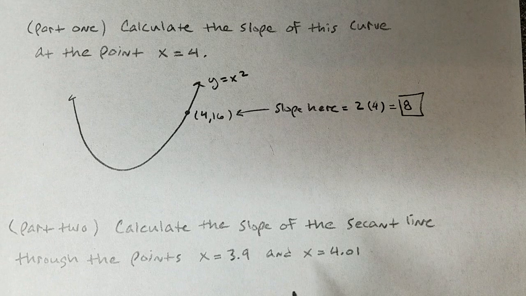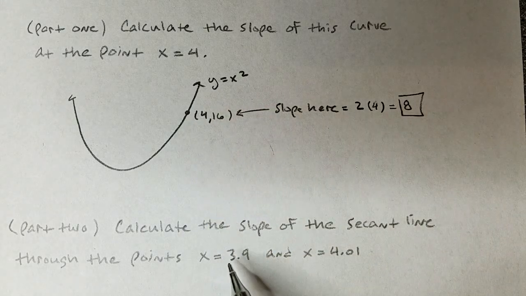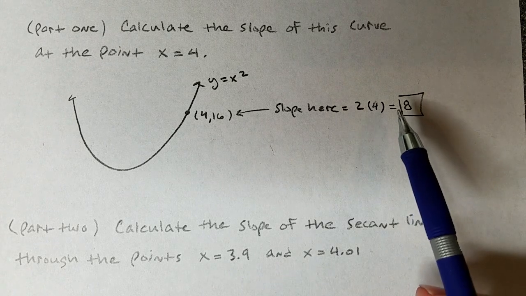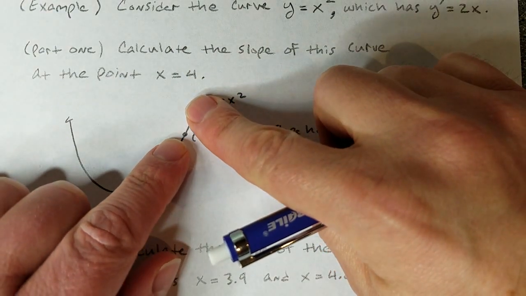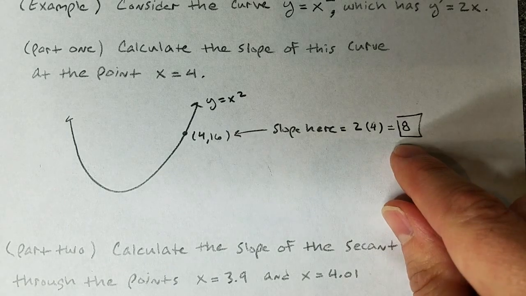Why would it be that if I found the slope of the secant line to that curve between the point where x is 3.9 and the point where x is 4.01, why would that be about 8? Well, because I'm saying that little piece right there at that point has a slope of 8.